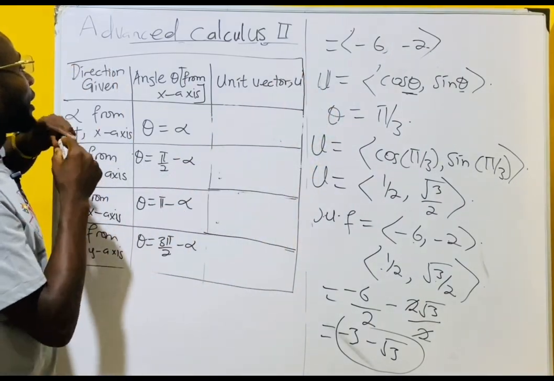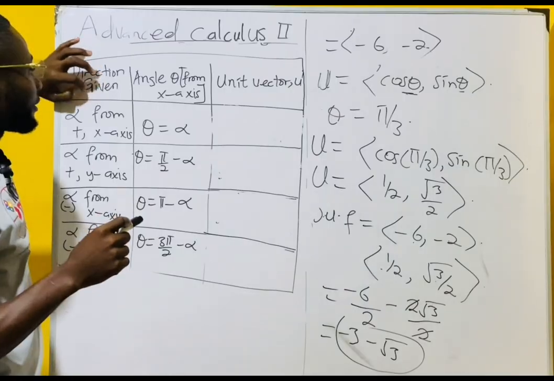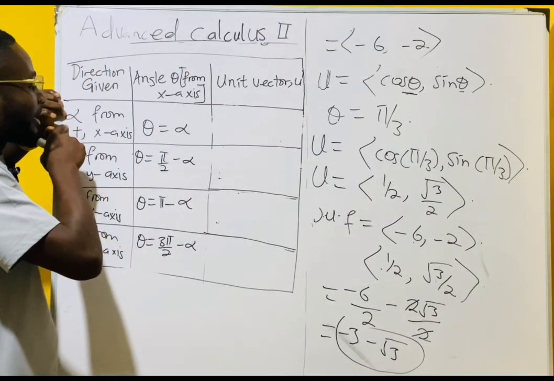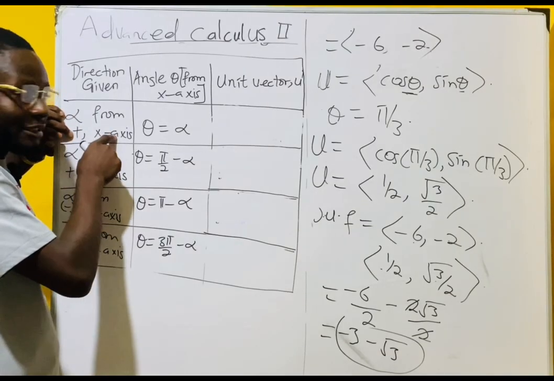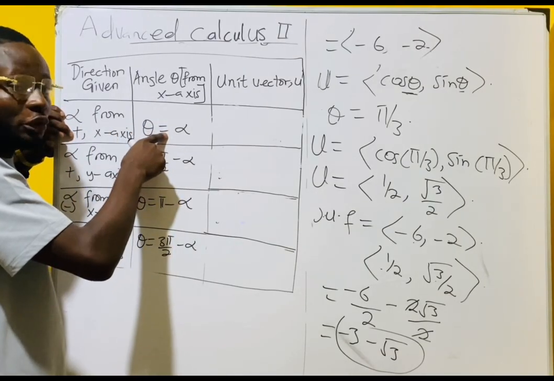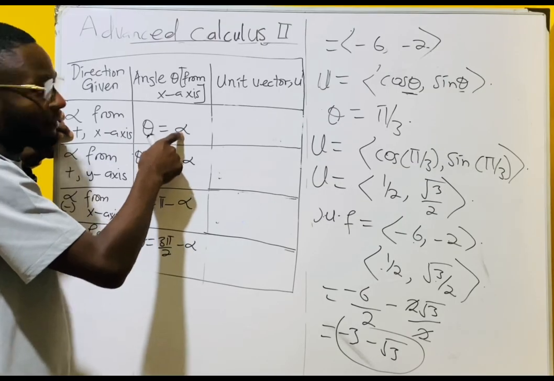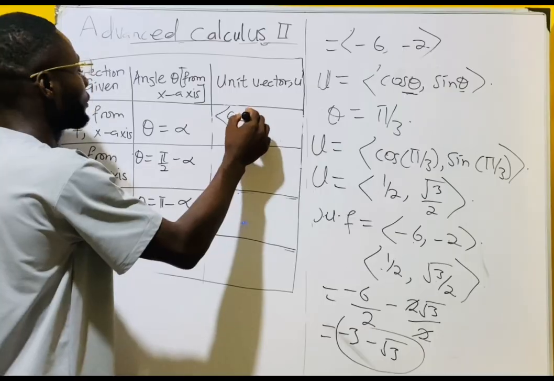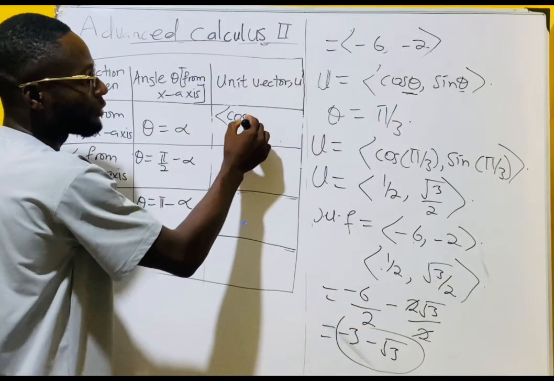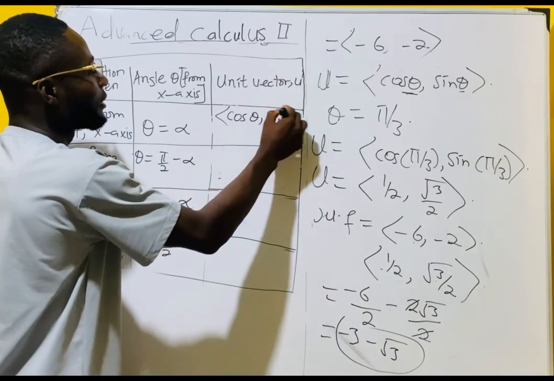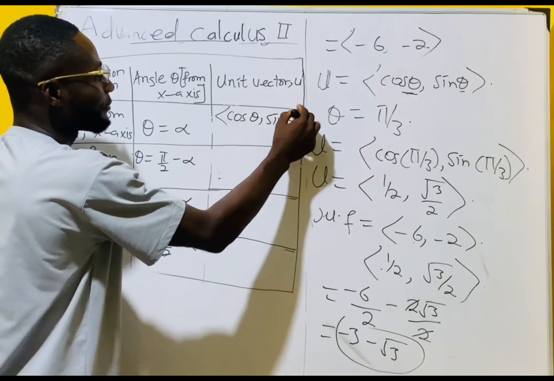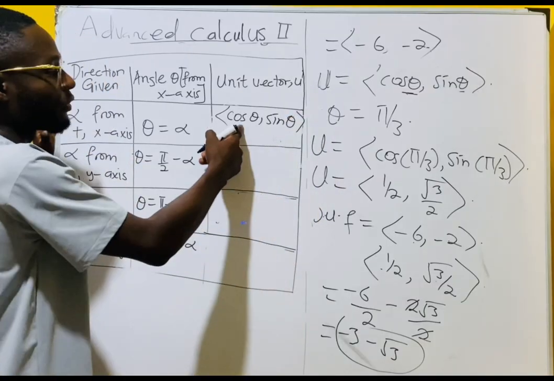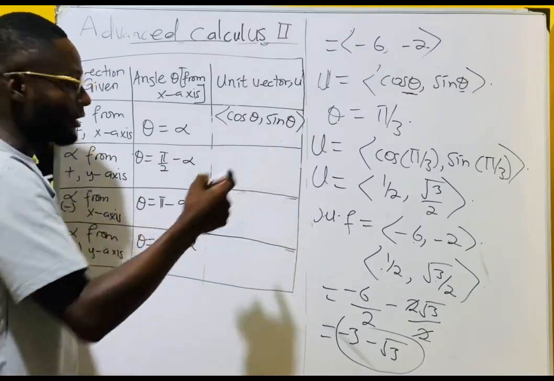If you are given the direction alpha from the positive x-axis, then the angle you're going to use, theta, equals alpha. That means your unit vector will be cos theta, sine theta.